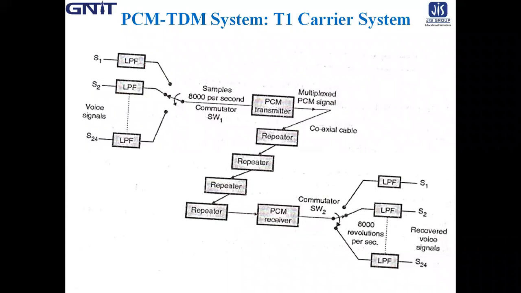When a large number of PCM signals must be transmitted over a common channel, multiplexing, which means many to one, is required. Many signals are transmitted into one common channel.